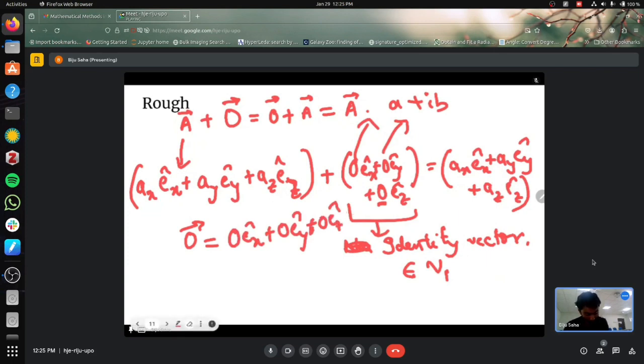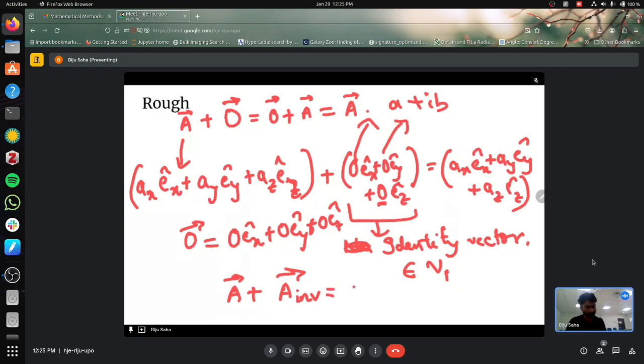Right now the next condition I have to check is the existence of an inverse. That is, I have to find an inverse vector for this particular element A, which will give me back this identity vector.